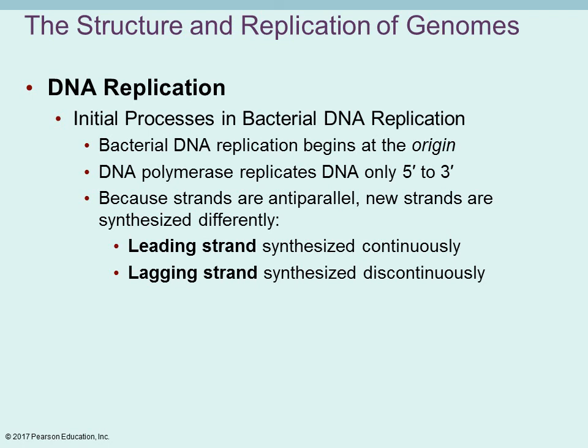What we are talking about, because I realize a lot of you may not have had chemistry. In chemistry, when we have a compound, we number the carbons on them. So when you look at the sugar in DNA, the deoxyribose sugar, it has 5 carbons, and we number them 1 through 5.